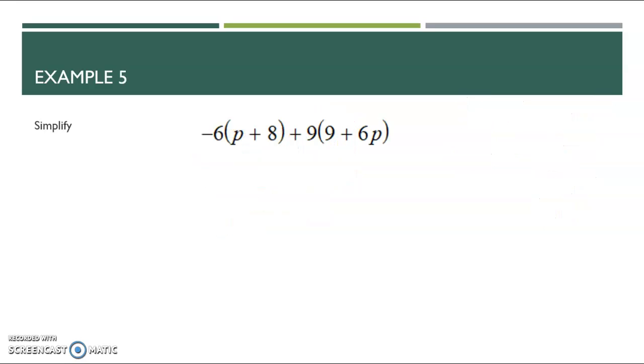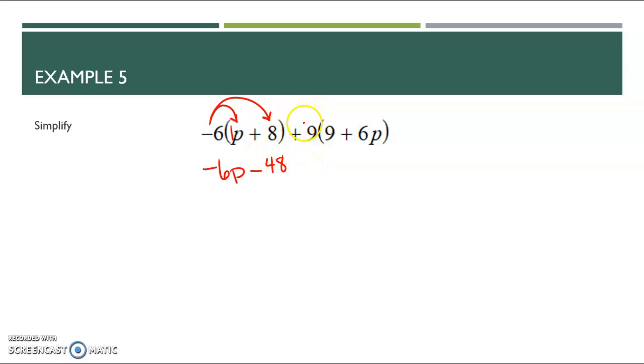All right, next one. Here we have 2 sets of parentheses, so we're going to distribute twice. We're going to take negative 6 times p. Remember, there's an invisible 1 in front of that p. So negative 6 times 1 is negative 6, and we keep the p with it. So we have negative 6p, and then we're going to take that negative 6 times 8. Negative times a positive is a negative, so we're going to end up with negative 48.